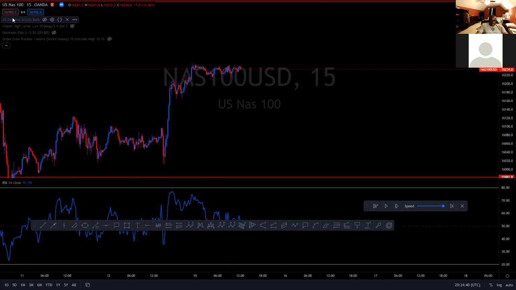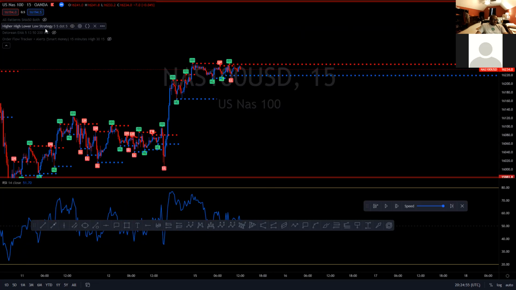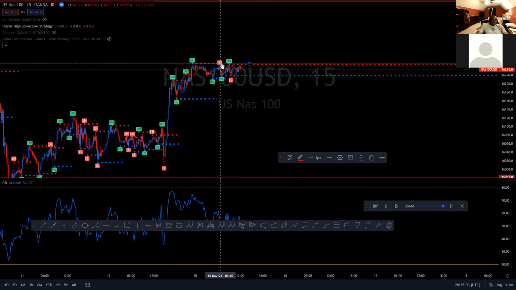So now the second thing I want to do is to identify the trend, and price is consolidating at this point. Then what I like to do is locate imbalances. The first thing I do before that is turn on my higher high and lower low strategy indicator. I like to place horizontal lines on the most recent high, which we can see all the way up in here, and then the most recent low.